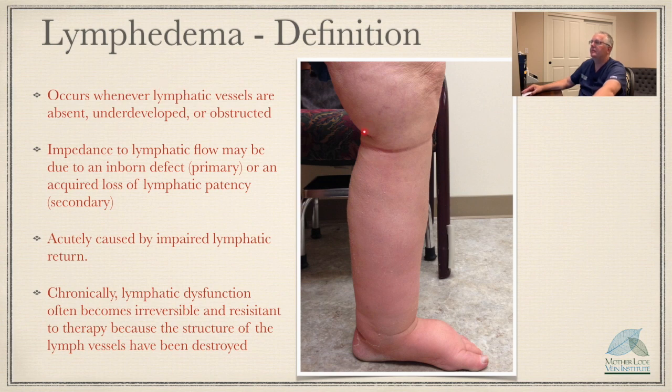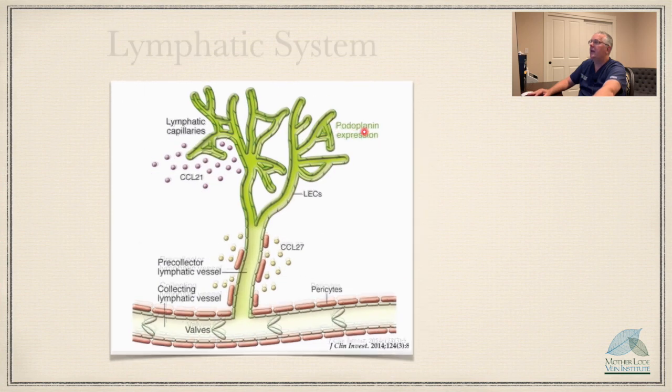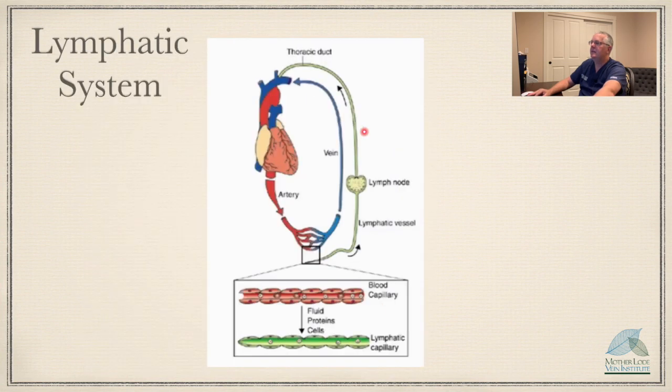So this is a picture of lymphedema, and again, this is the anatomy. You can see the capillaries here, and through your capillaries, fluid and protein all get reabsorbed by the lymphatic system, these lymphatic capillaries.